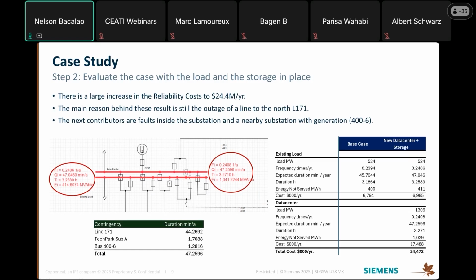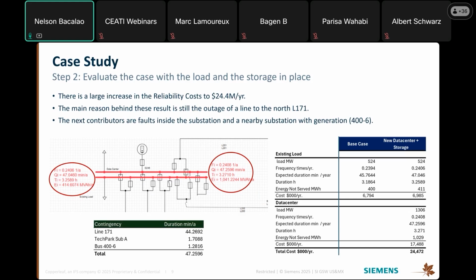For each asset, we're considering its failure rate, its repair time, and also for some assets we consider the maintenance, but typically the maintenance is done off-peak. But for example, when we are considering generation, then we typically put in a maintenance period.